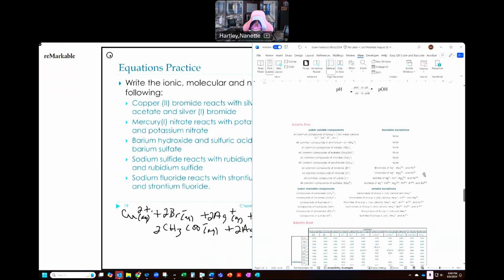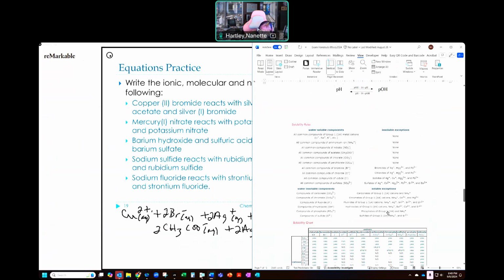The first thing I'm going to look at is my copper 2 acetate. I see acetate here, and it says all common compounds of acetate are soluble. So I'm not worried about that copper 2 acetate. But I need to look at that silver, Ag plus, and that's what Br minus is. It says all common compounds of bromide, Br minus, except for Ag plus, are soluble. So that Ag plus is not.